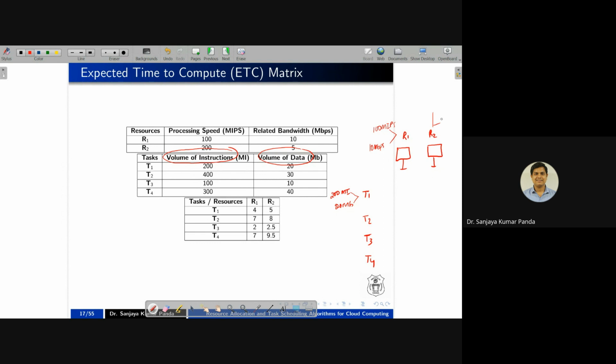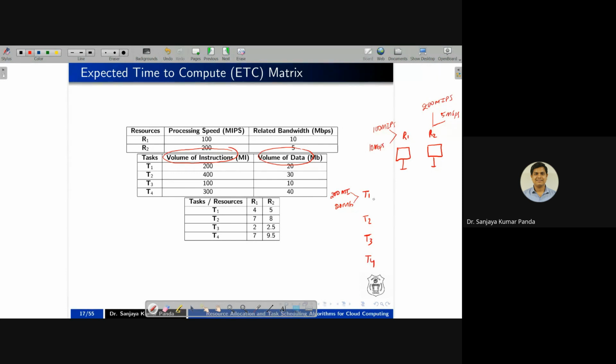Similarly, R2 is another resource with a speed of 200 MIPS and a bandwidth of 5 Mbps. You can see these two are heterogeneous resources, because their speed is different and their bandwidth is also different.